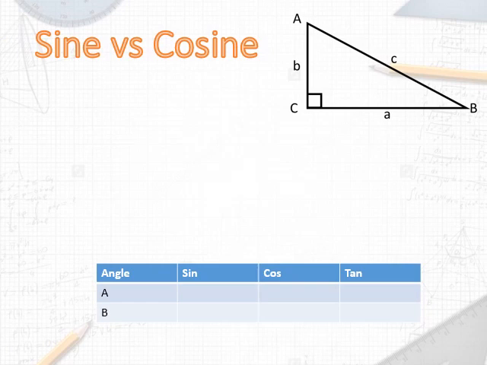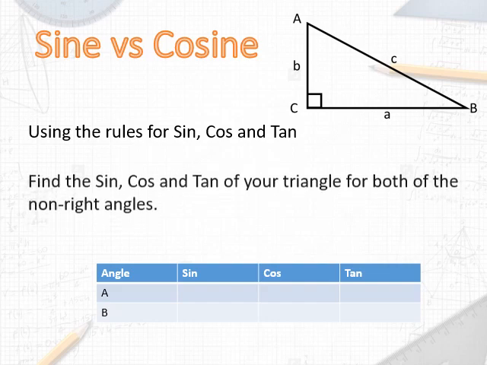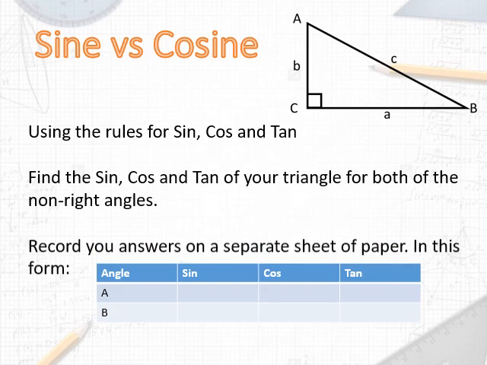Okay, so here's our triangle. Using the rules for sine, cos, tan, I want you to complete the table. So thinking about sine, cos, tan, that's SOHCAHTOA. Now this is going to be almost like a generic formula.